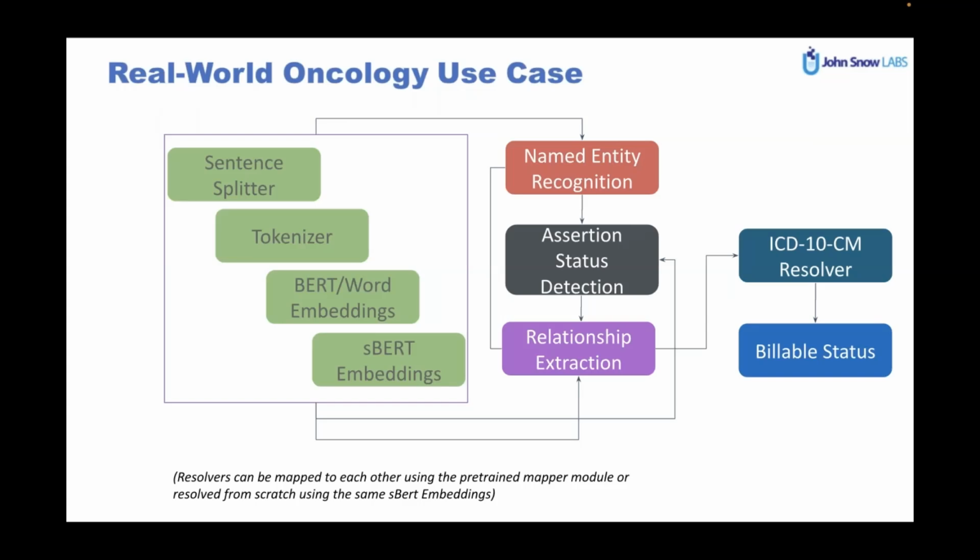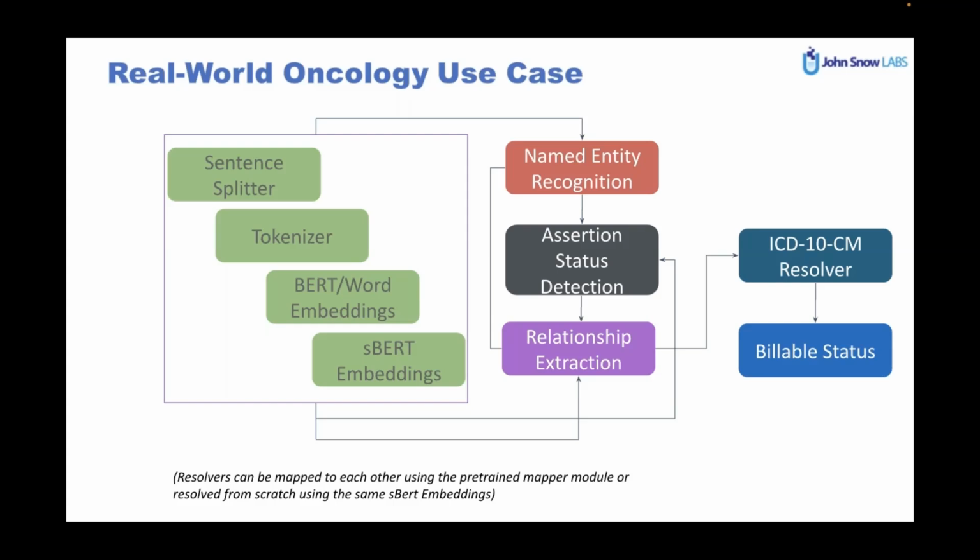Here is the map that we will follow, okay? First of all, we have the clinical text. Since we train our models sentence-wise to have better accuracy, we will split the texts into sentences, okay?